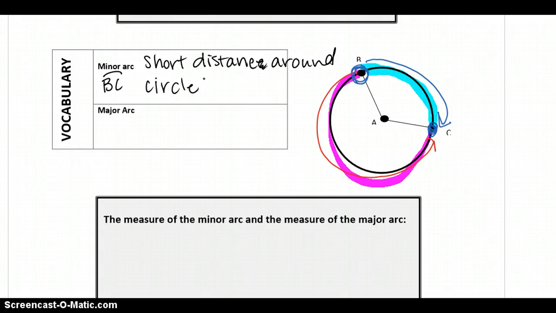And the major arc is that longer distance. So to name it, to distinguish that from the minor arc, we pick some other point on here, and we're going to call that point D. So we're going from B, but we're passing through D and then getting to C. So we describe that as BDC with an arc over that. That's our major arc, and it is the longer distance around the circle.